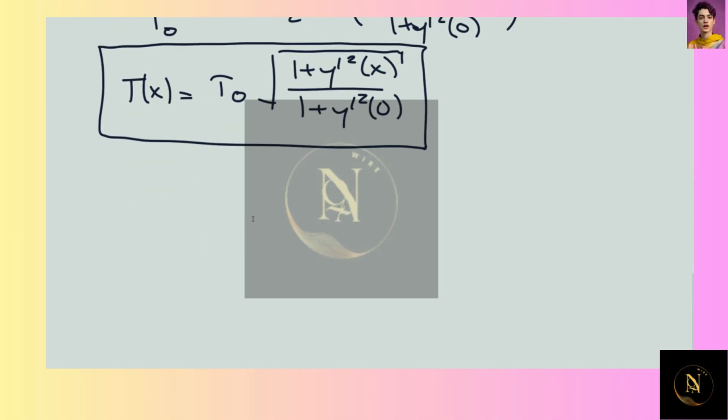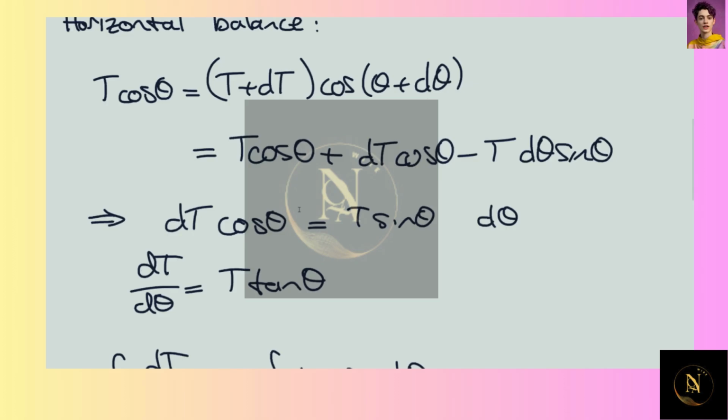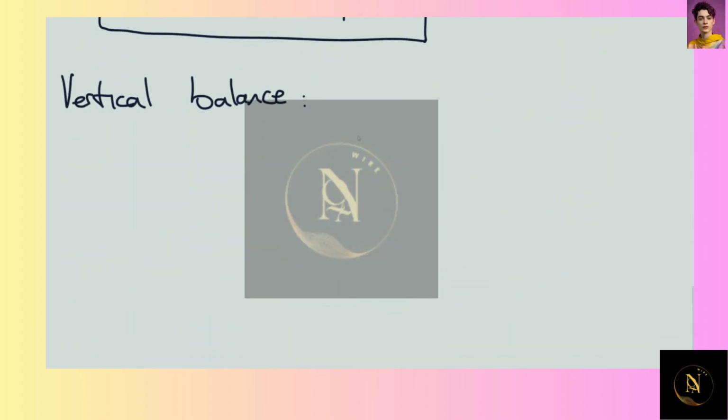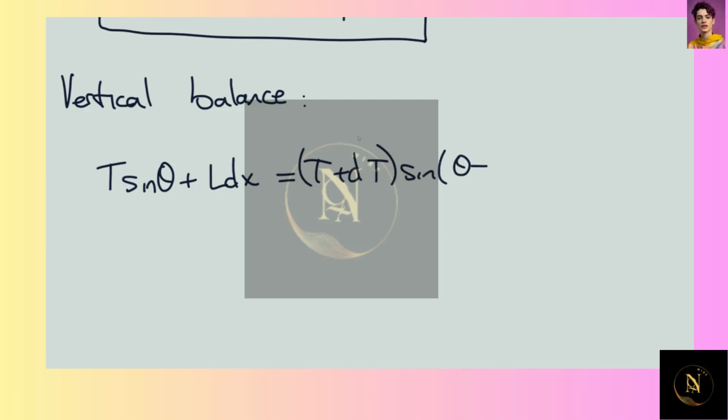Now let's have a look at the vertical balance. So the vertical balance is that T sine theta plus L dx equals T plus dT sine theta plus d theta. So what's this telling us?